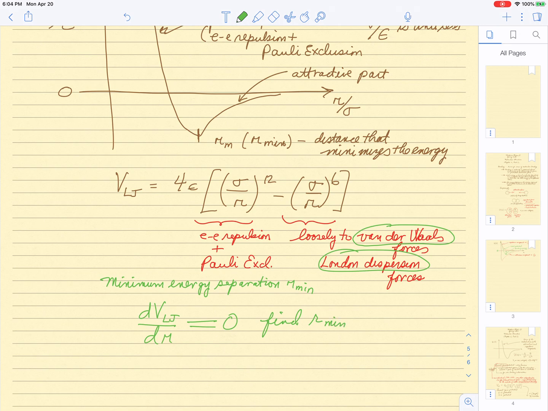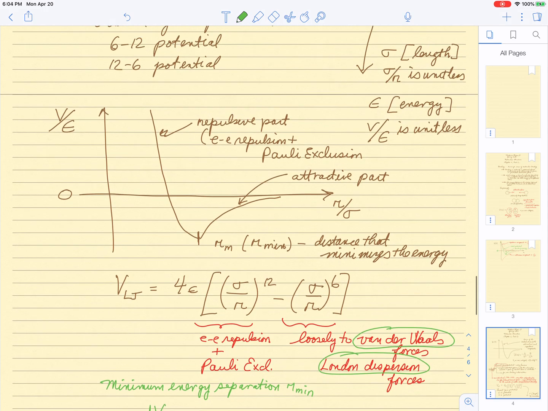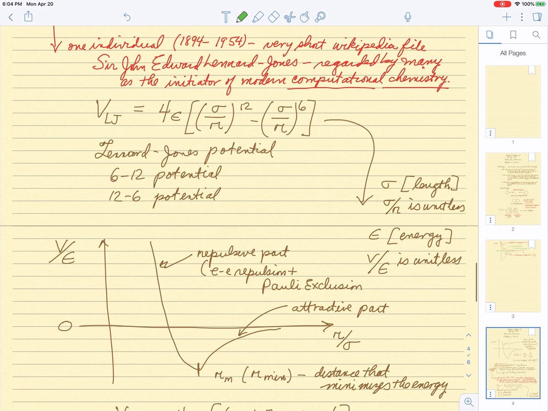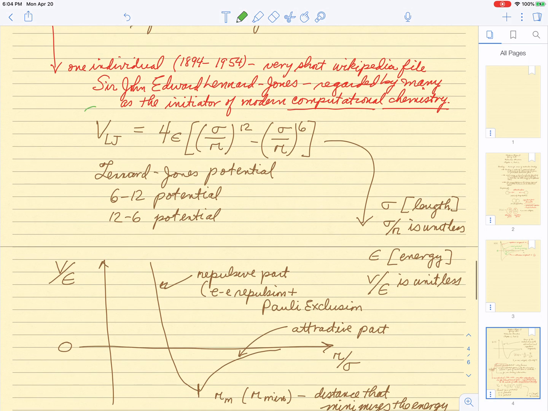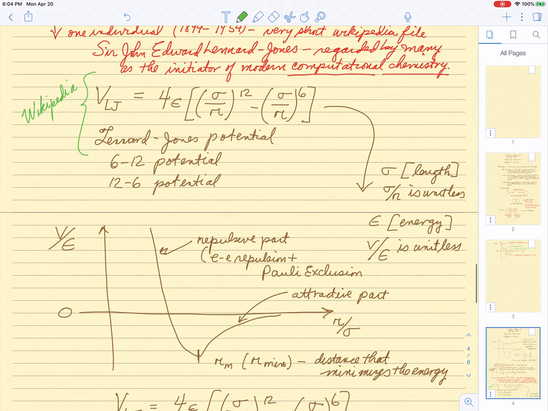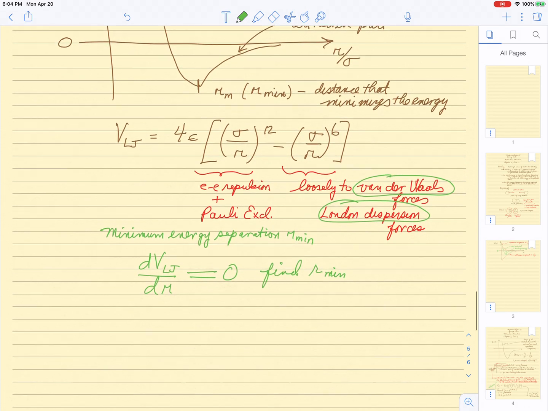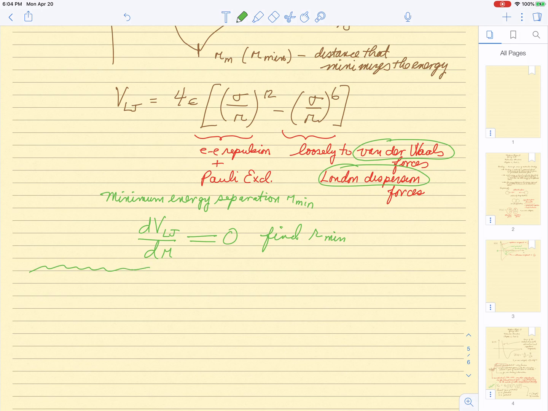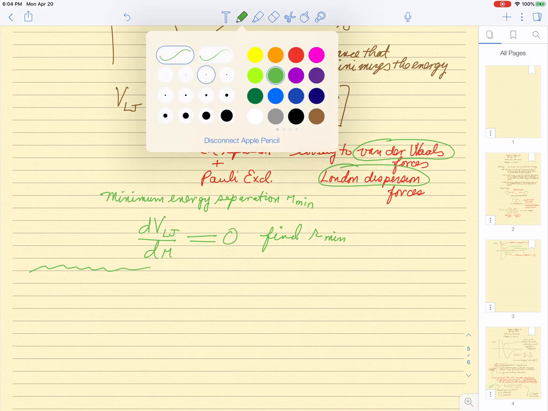Okay. So the Lennard-Jones potential is super important. It comes up all the time, and again, I urge you to go and look at the Wikipedia file on the Lennard-Jones potential and do a little bit of reading on that. Okay. So that ends our detour.